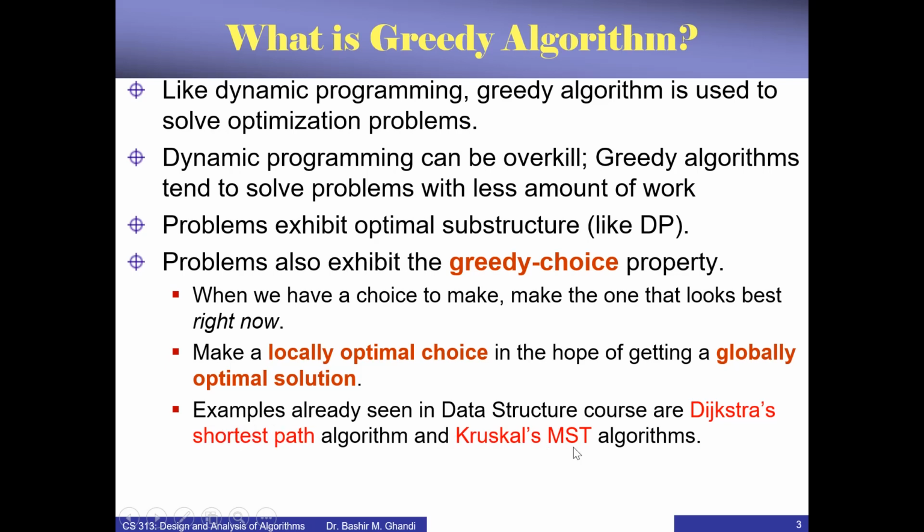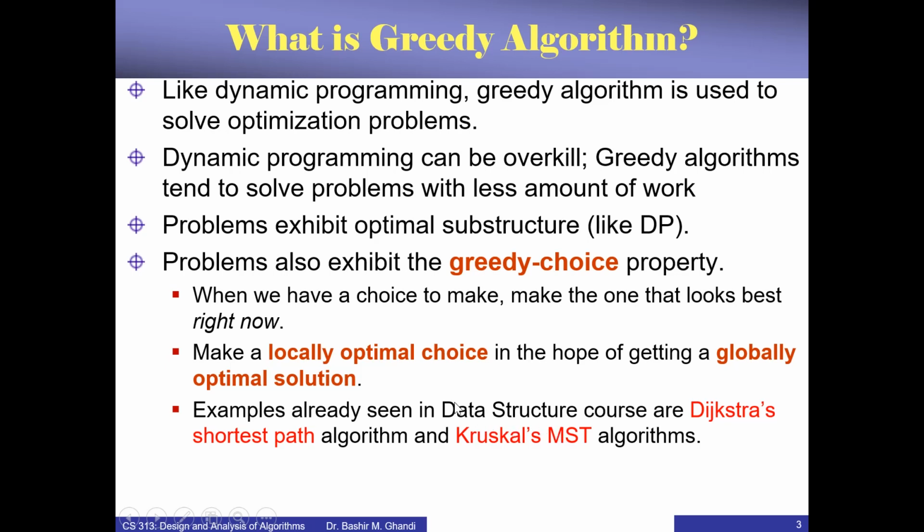Similarly, Kruskal's algorithm for finding a minimum spanning tree. Again, if you recall, we sorted the edges of our graph, whose minimal spanning tree we wish to find, based on weights, and then we start by choosing those that are the smallest.